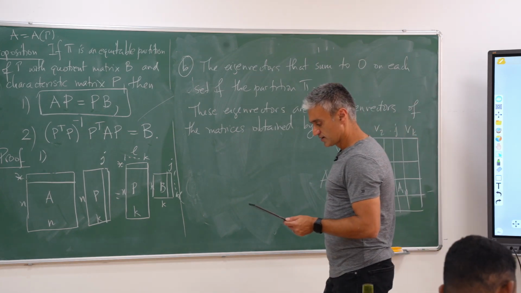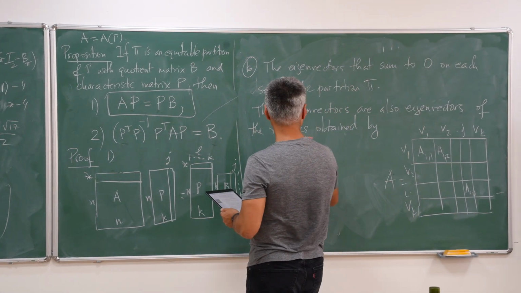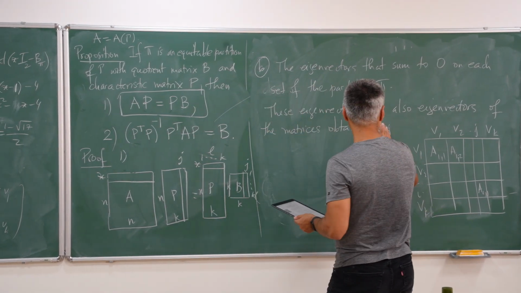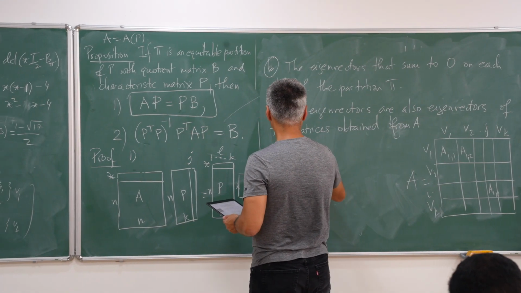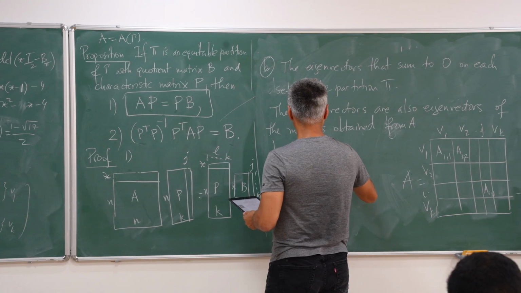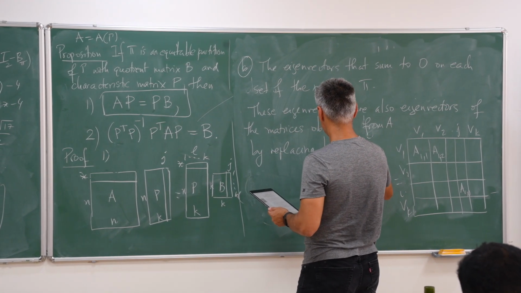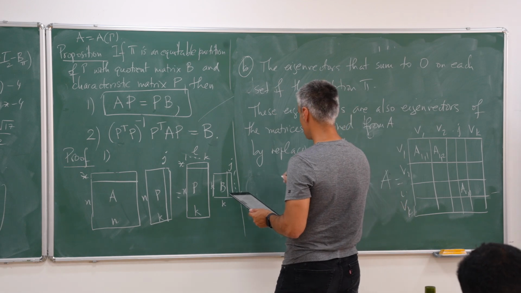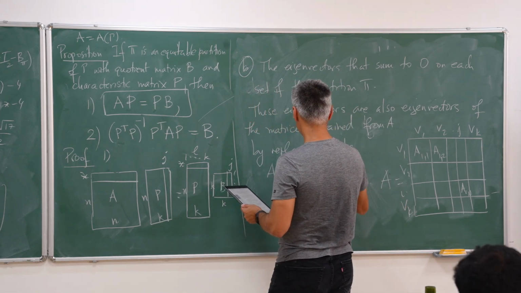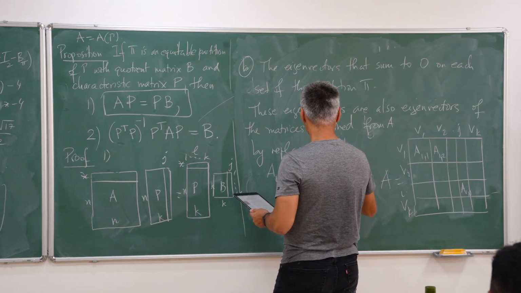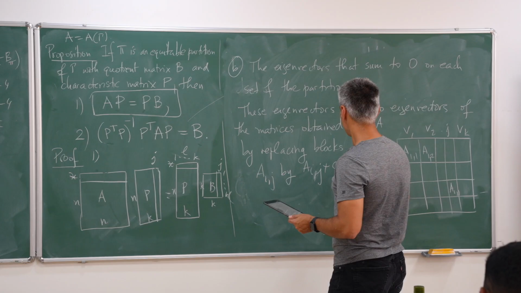So these eigenvectors are also eigenvectors of the matrix you obtain from A by replacing these blocks Aij by blocks of the form Aij plus some constant Cij, all one matrix.